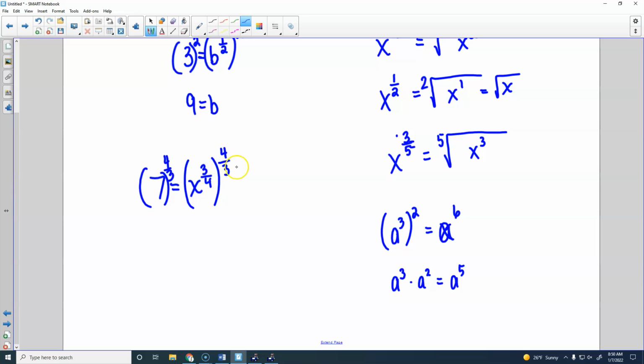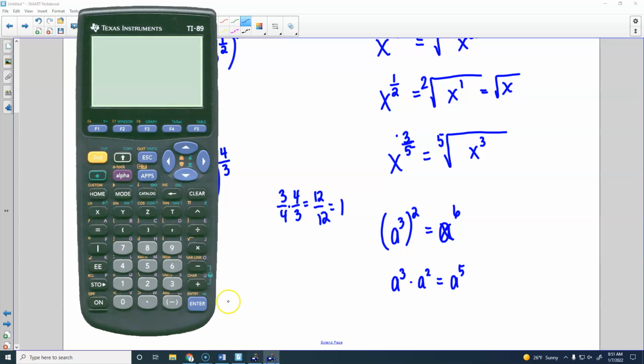I multiply those exponents: 3/4 times 4/3 is 12 over 12, which is just 1. So this gives me x to the 1st power here.